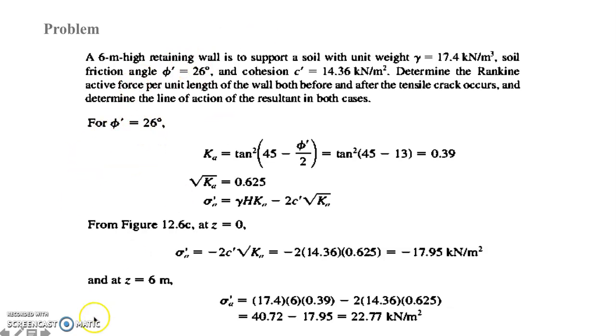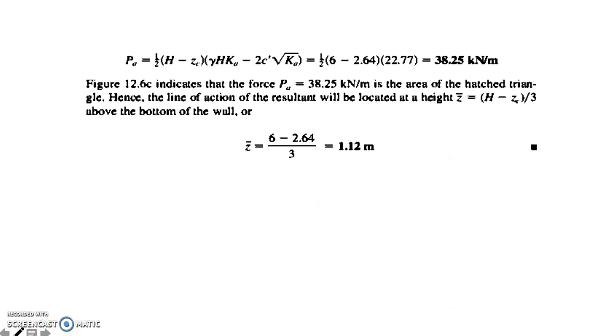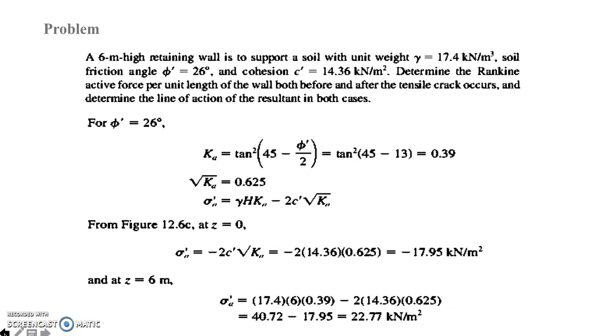So we are given, of course, an angle of friction of 26 degrees. We have to compute the Rankine active coefficient using this equation, which is equal to 0.39. Based on our formula, we have this equation to compute the active lateral Rankine pressure.